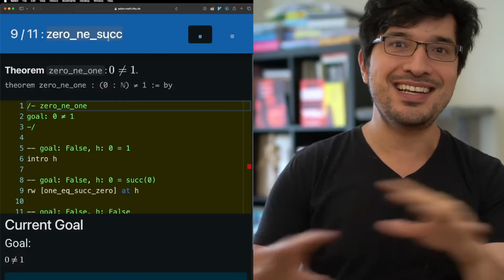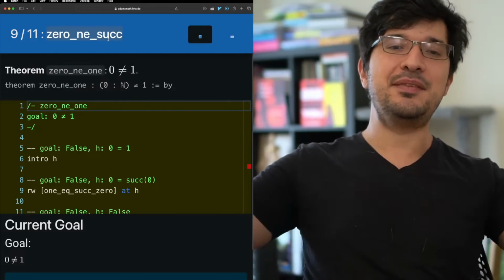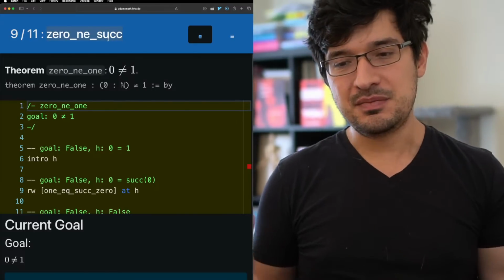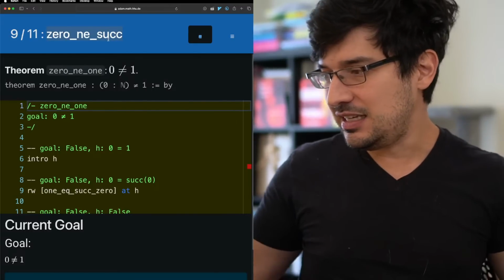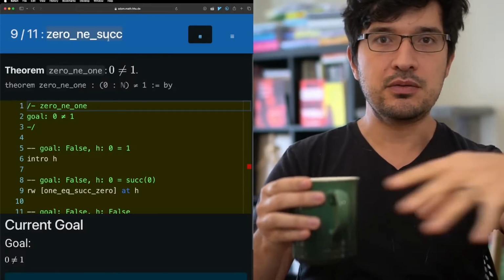Negative numbers are not natural. Negative numbers are imaginary. We created them. We invented them. In the real world, what we can see is a positive number of objects, of acorns or coffee mugs.